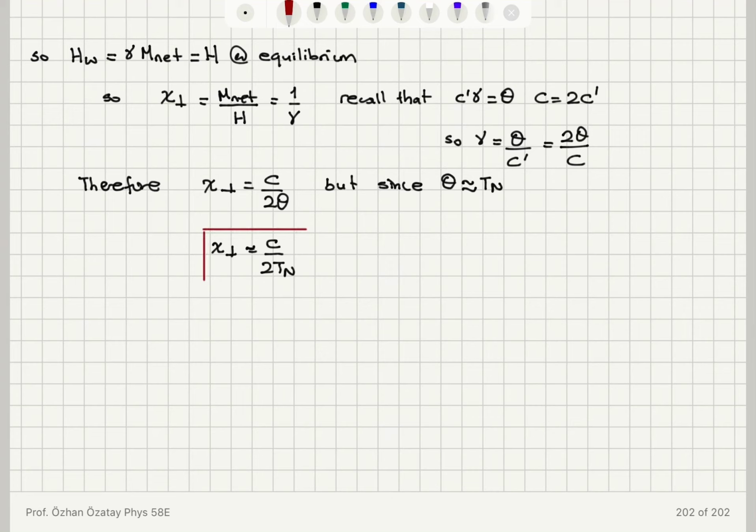So the transverse susceptibility is inversely proportional to the Néel temperature, we can say. And it's a constant for a given material.